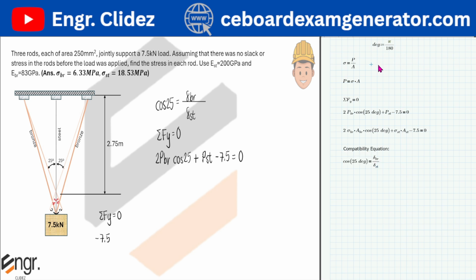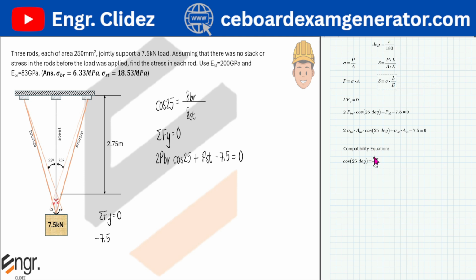Now from our derived formulas from stress and strain, we know that the deformation is equal to the force multiplied by the length of the member divided by the area multiplied by the modulus of elasticity. Since P over A is simply the stress, then delta is equal to stress multiplied by the length divided by the modulus of elasticity.